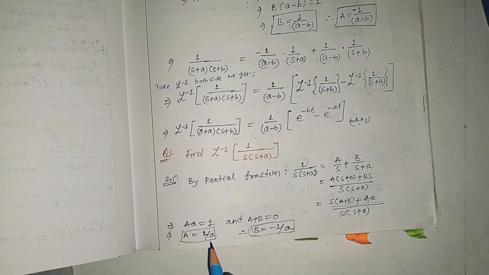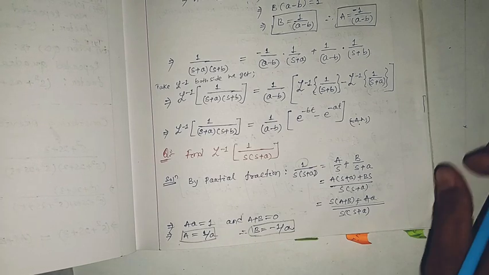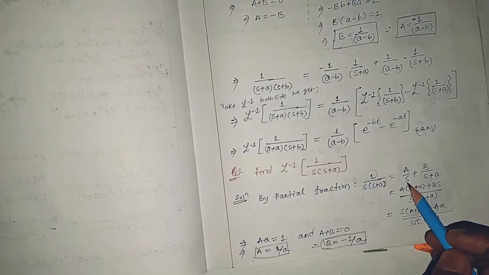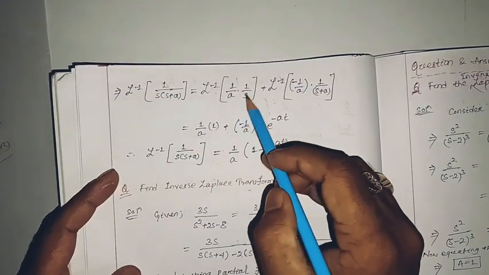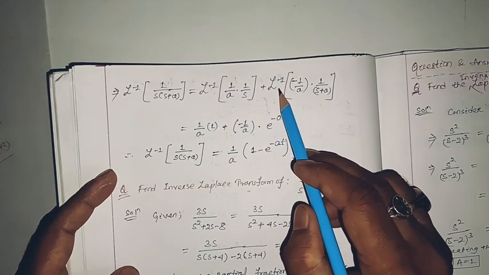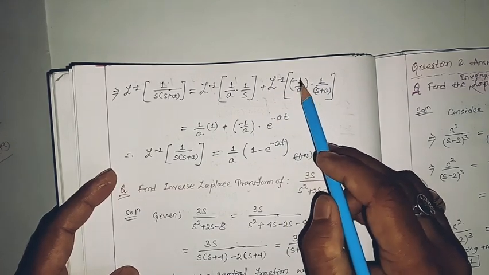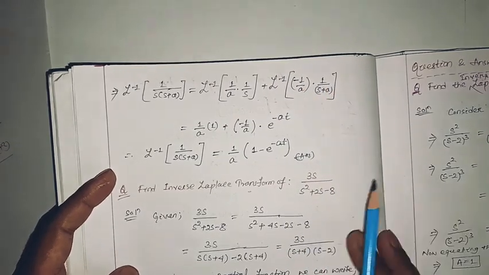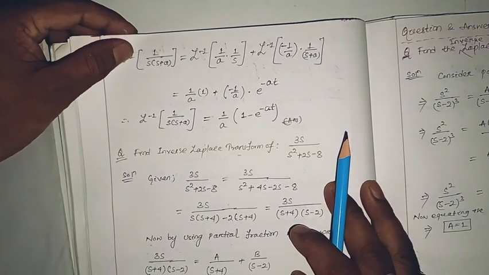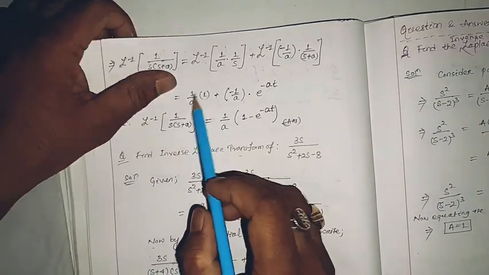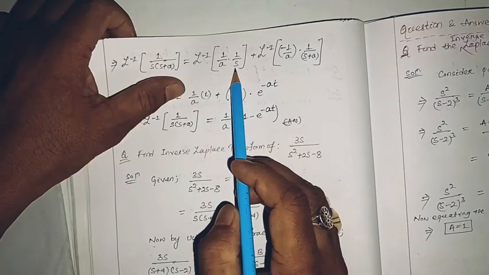A we got as 1 by a, b we got as minus 1 by a. So here if we put it, it will be 1 by a into 1 by s, plus the inverse Laplace transform of b, meaning minus 1 by a into 1 by s plus a. So 1 by a is the constant. Inverse Laplace transform of 1 by s is nothing but 1.